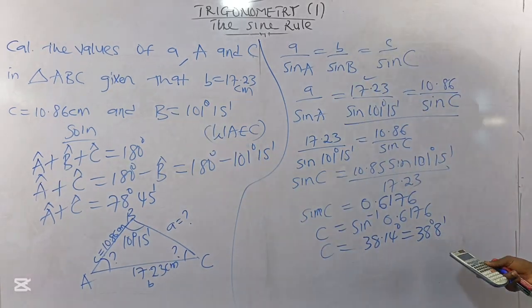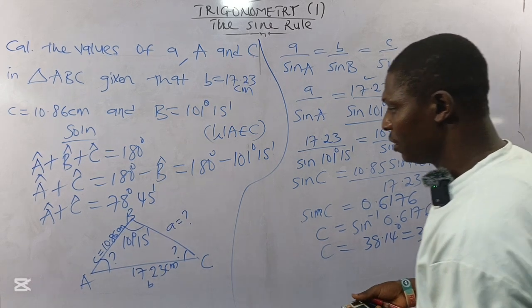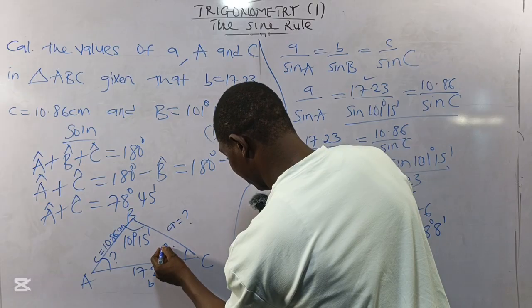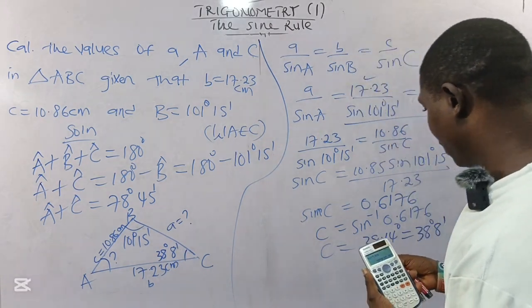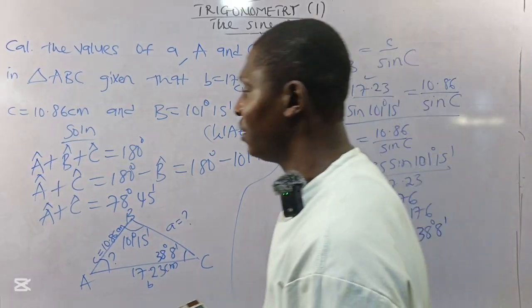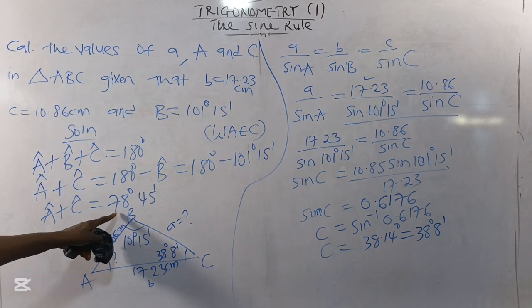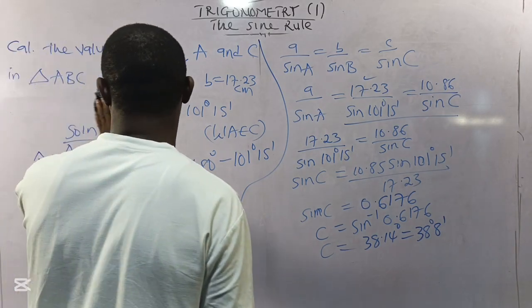I'll leave it here because my value for B is given in degrees and minutes, so I'll leave this in degrees and minutes also. So I've gotten my angle C, and I can put it here: 38 degrees 8 minutes. So I can get my A easily, since I have a relationship that angle A plus angle C is equal to 78 degrees 45 minutes.